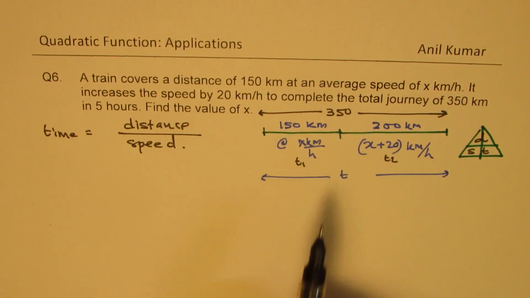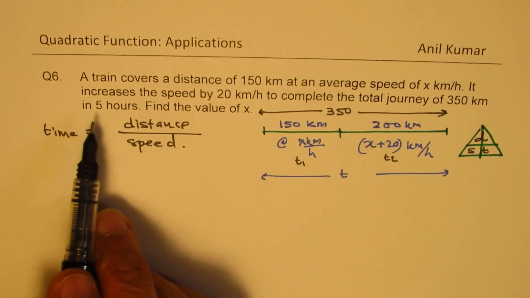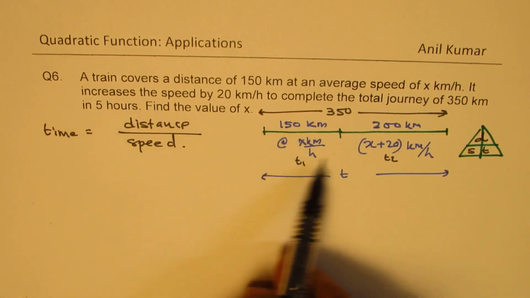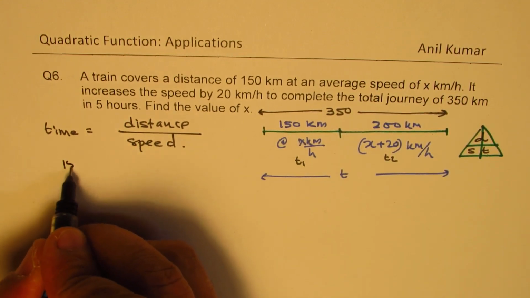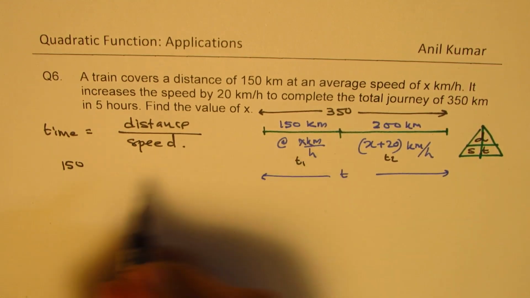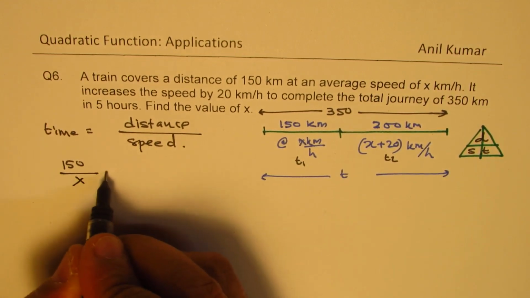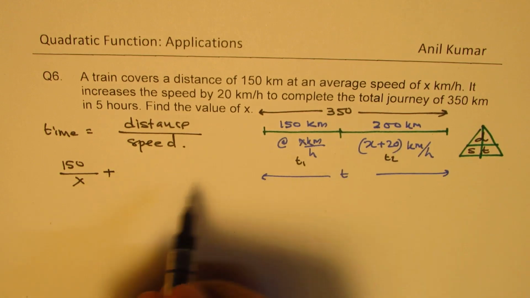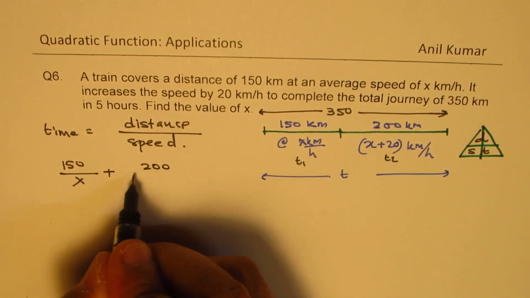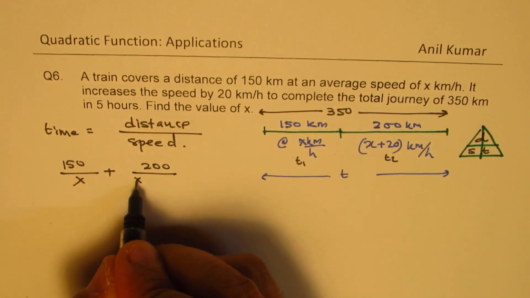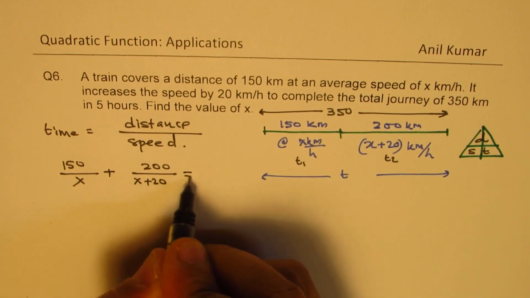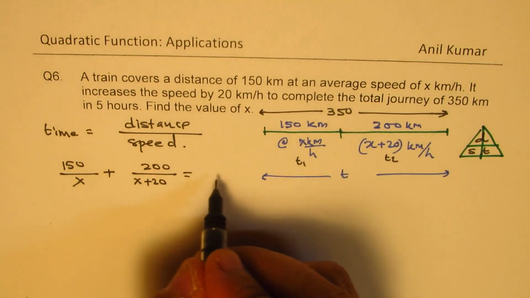So now let us add these two times and equate it to 5. So the first half is 150 divided by the speed, which is x, plus the second half is 200 divided by x plus 20, and the total here is 5 hours, correct?